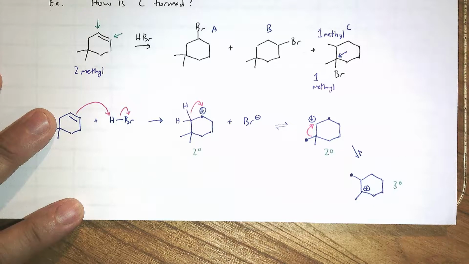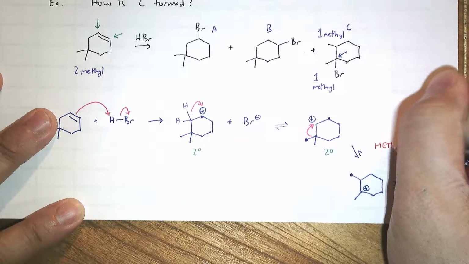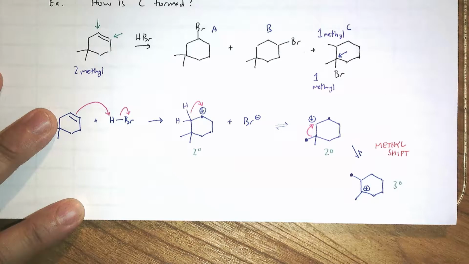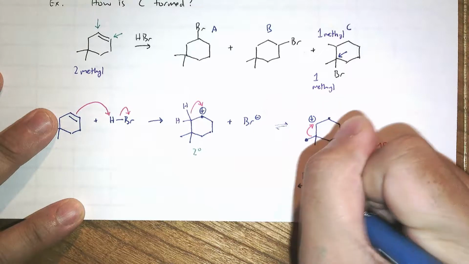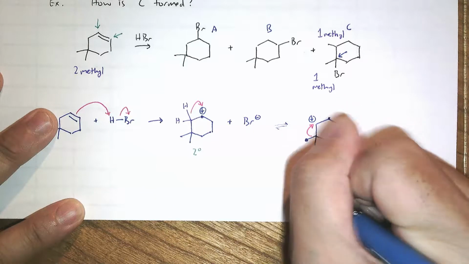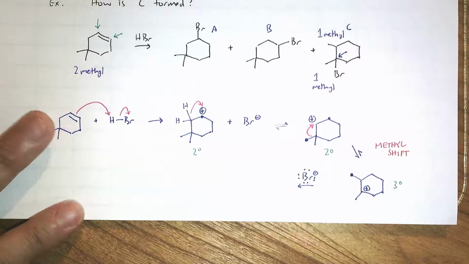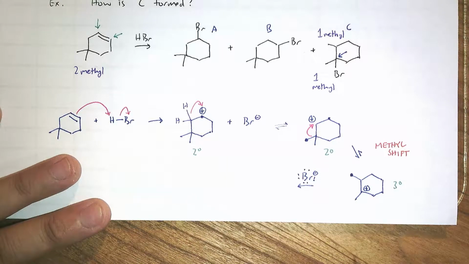This is called a methyl shift. So we had a hydride shift here. This is a methyl shift. Okay. And what's the last step? Right, the last step is the Br minus. Now I like to use the lone pair. I don't ever like to draw the mechanism arrow from the charge, even if it's a negative charge.